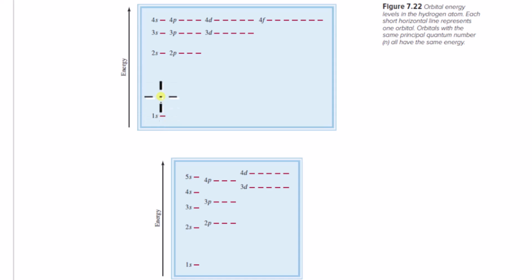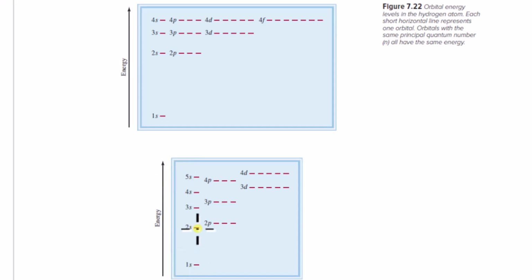Depending on how much it's heated, that electron can be in these different orbitals, but there are no other electrons for it to interact with. So it just follows a simple pattern related to the principal quantum number. For multi-electron atoms, there's always at least one other electron for it to interact with, so it follows a pattern like this.